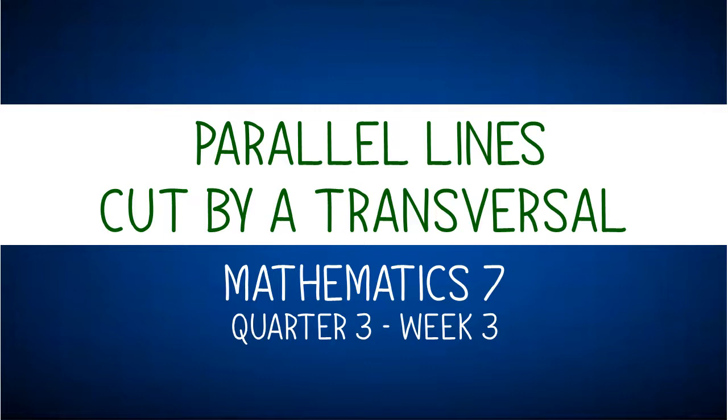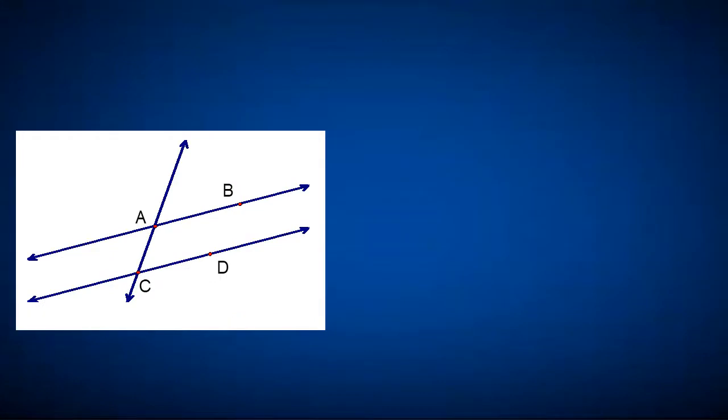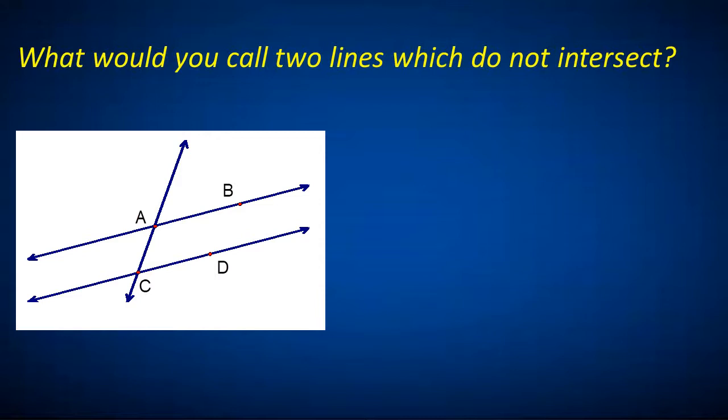So to begin with, let's start with this picture. How many lines can you see in the given figure? Very good. There are 3 lines in the given figure. So what do you call 2 lines which do not intersect?